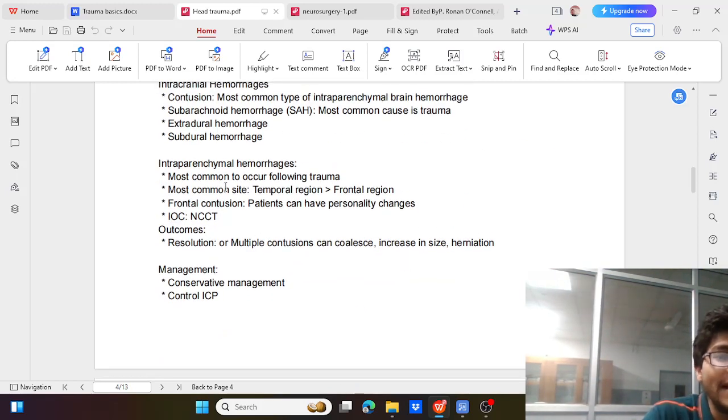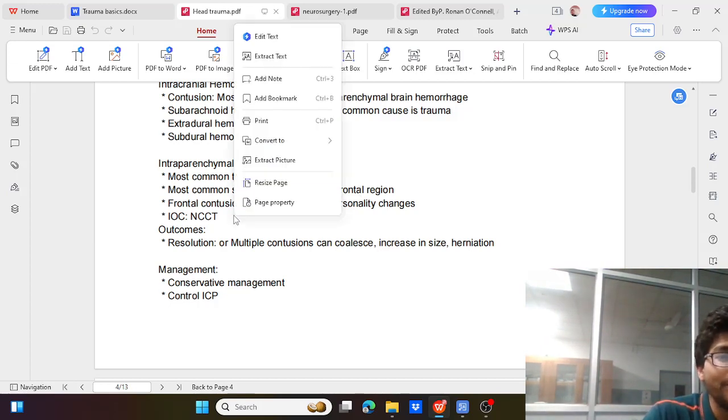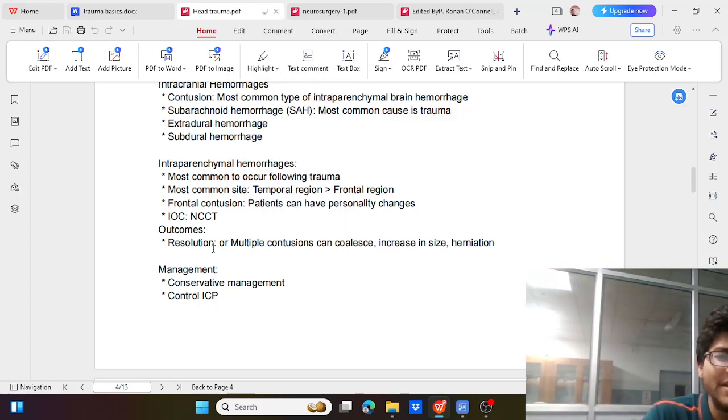Then what are intraparenchymal injuries? They most commonly occur after trauma, and the most common site is the temporal region, and secondly the frontal region. Investigation again is NCCT. Small minor contusions can be managed conservatively.